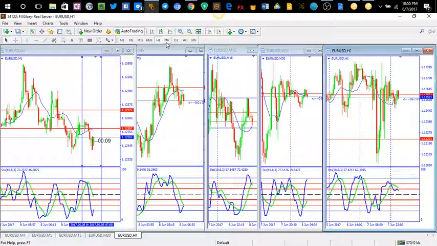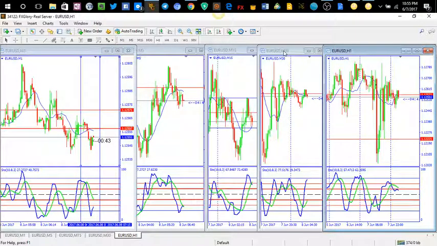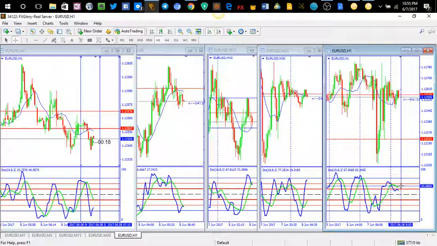The trend is very unclear on the 1 hour, but that's how it looks. At the same time, we can still make decisions though, because we can see that we're making lower highs. We have lower highs on the indicator.